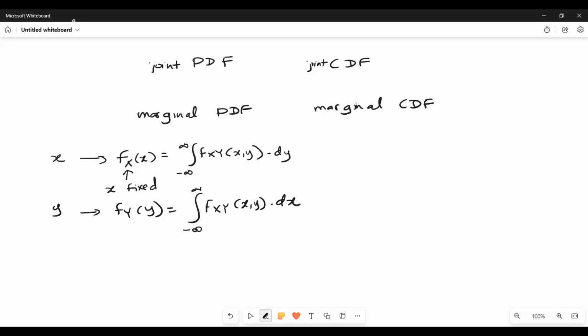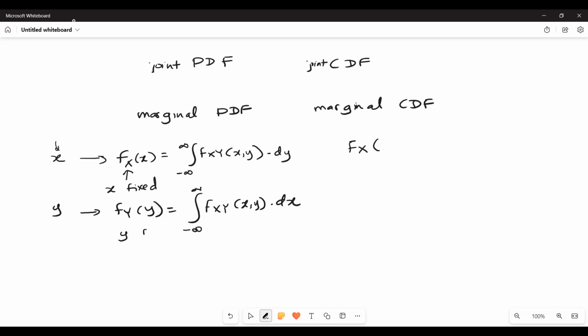Similarly, the marginal CDF of X and marginal CDF of Y, I can define using these mathematical notations, where I denote the limit of X, the limit of X that I'm considering as the fixed X value here.